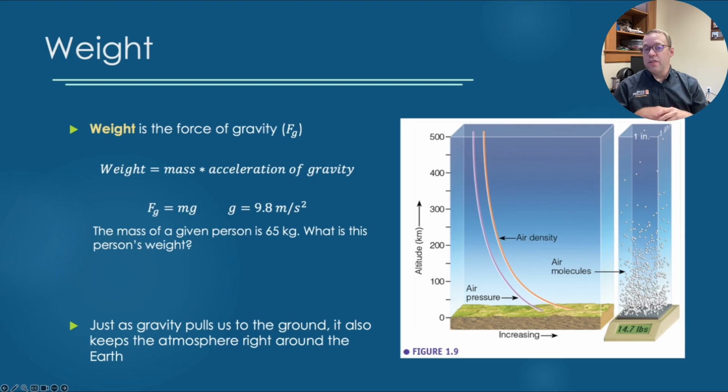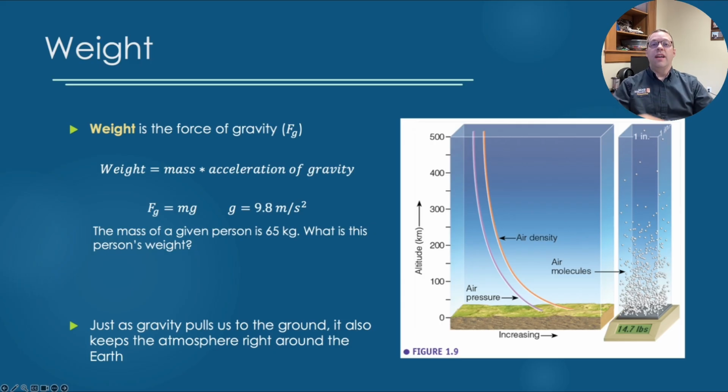Now, here close to the surface of the Earth, if you were to drop, say, a penny off of a building, then its speed would increase by 9.8 meters per second every second. So if you just drop it, 1 second later it will be traveling at 9.8 meters per second.